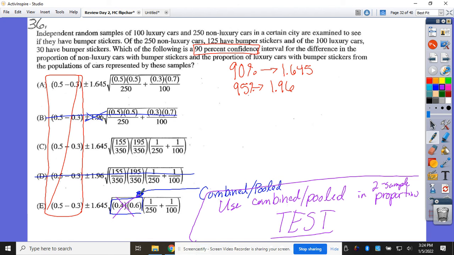What are those? The same thing, just written as fractions instead. So this is my answer without having to do any math. Now I could look here, 125 out of 250 is going to give me that 0.5.